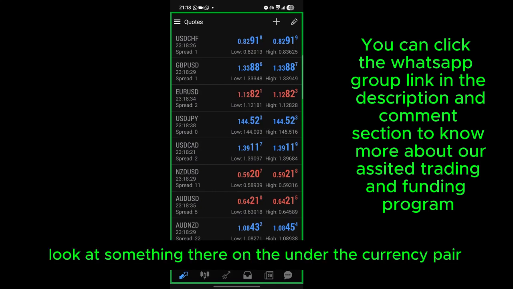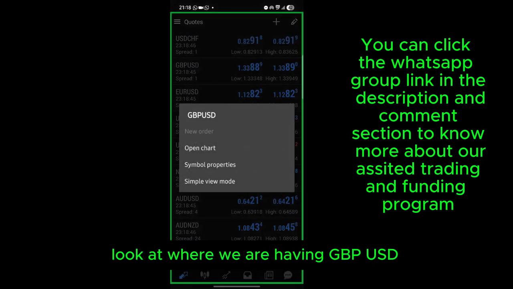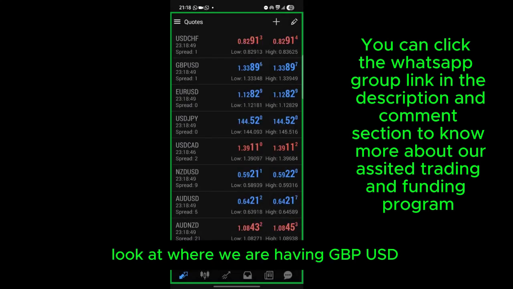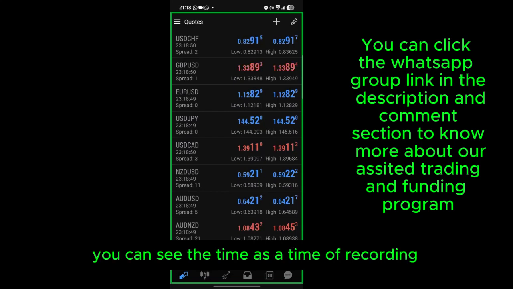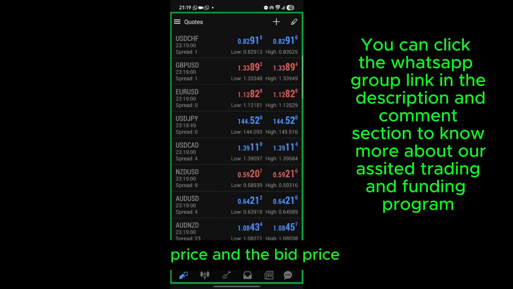Now look at something there. Under the currency pair, let's just take them one by one. Look at where we are having GBP USD. You can see the time as at the time of recording, and you see there's what we call the spread. The spread is the difference between the asking price and the bid price.